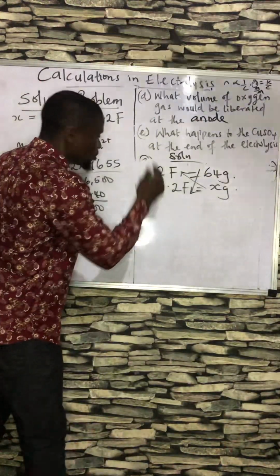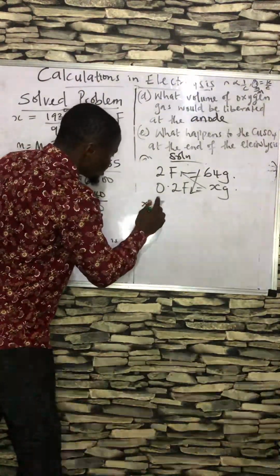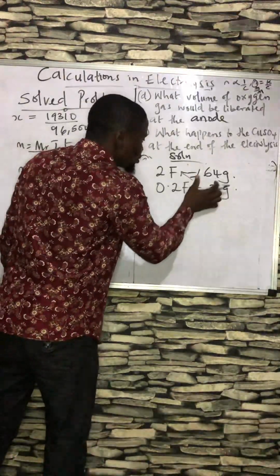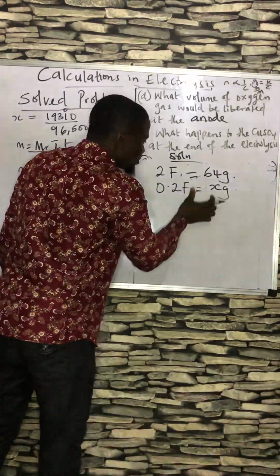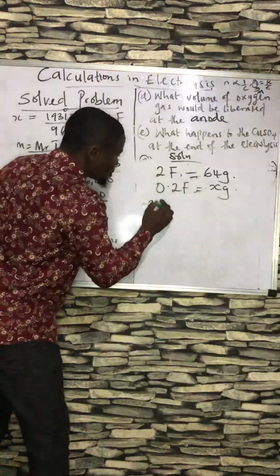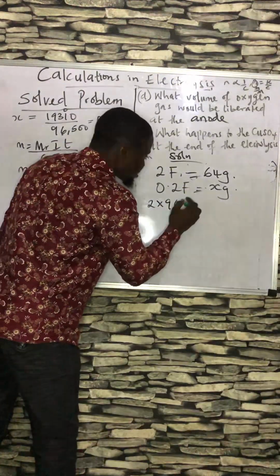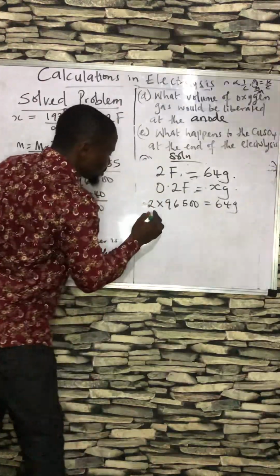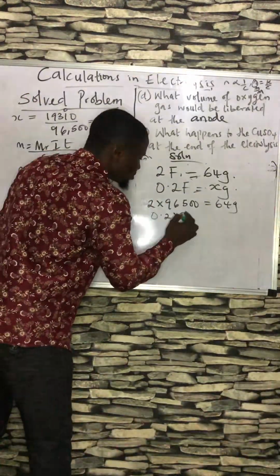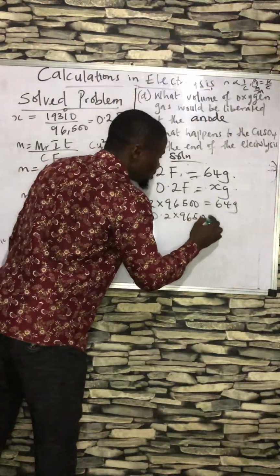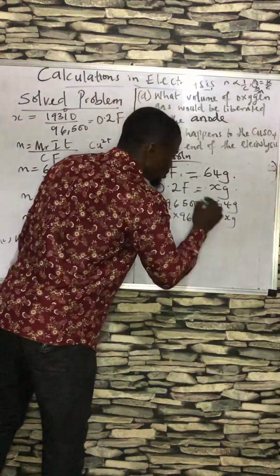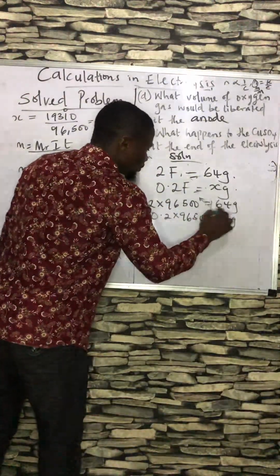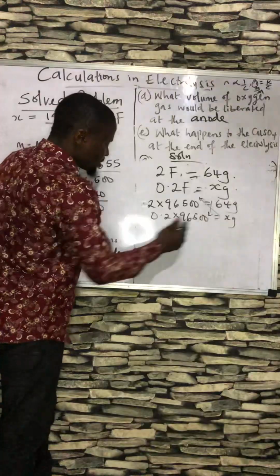So that will be X, or before that, 2 Faraday is equal to 2 times 96,500. That is, if you like, 64 gram. 0.2 times 96,500 is x gram. So you cross multiply.